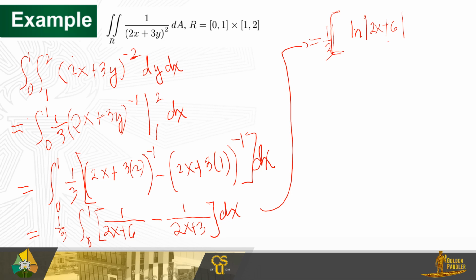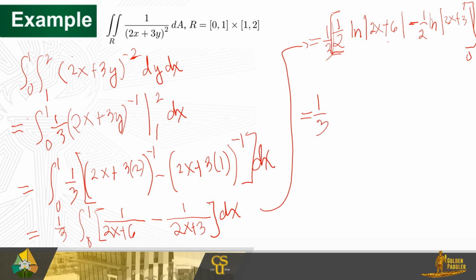So dapat meron tayong 1/2 dito. Okay? Minus, same, no? We have 1/2 pero ln of 2x plus 3. Okay? So evaluated yan from 0 to 1. So meron tayong 1/3.